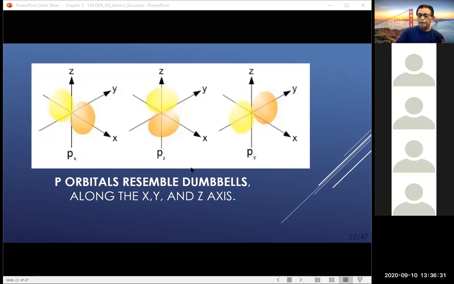The p orbitals, like I said, there are 3 of them, and their shape is called a dumbbell shape. They're along the 3 axes: one along the x-axis, one along the z-axis, and one along the y-axis. Each one of these can handle 2 electrons, and hence that's why the p can handle a maximum of 6 electrons.